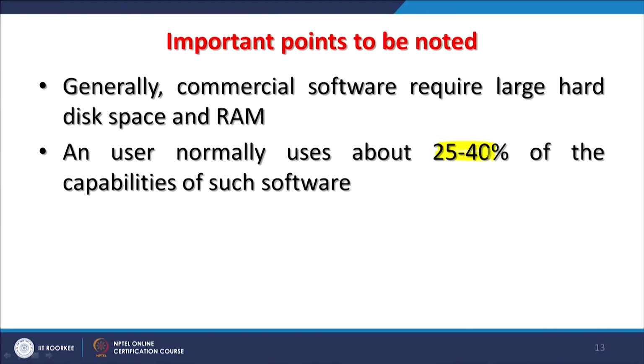And a user normally uses only about 25 to 40% of the capabilities of such software, these are rough estimates. That means not all the menus or all the capabilities of the individual software which you have installed will be used by you, because these are general purpose satellite remote sensing data processing software.